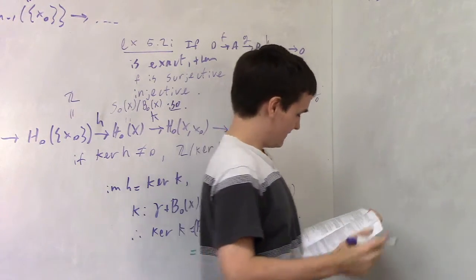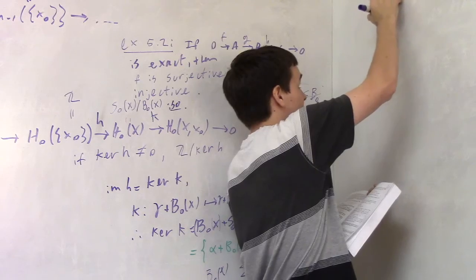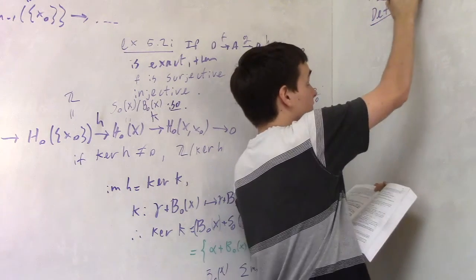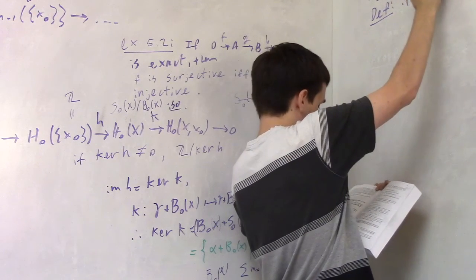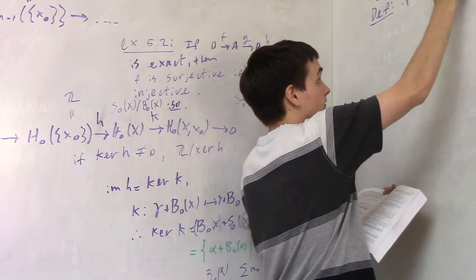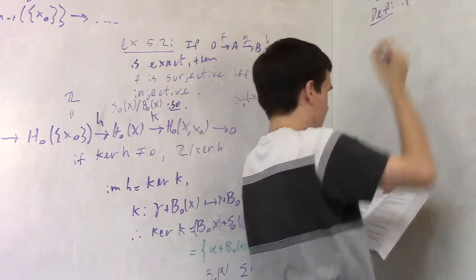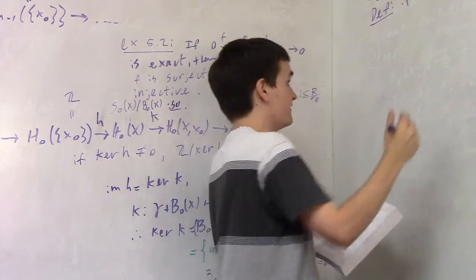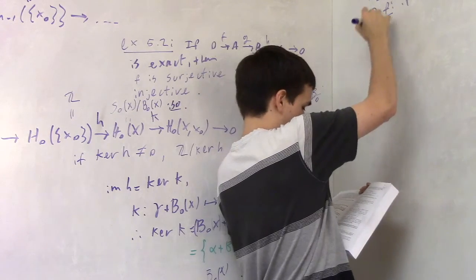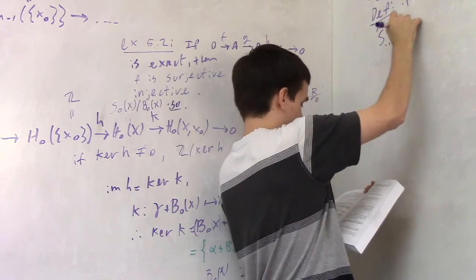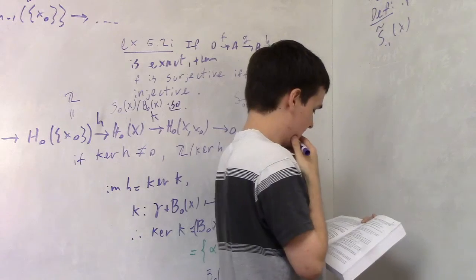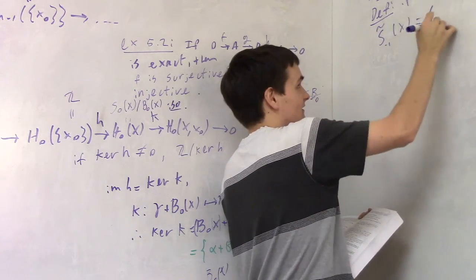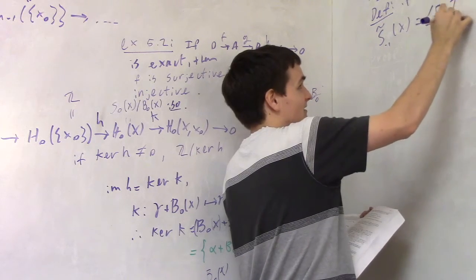So, definition. If S star X, boundary is a singular complex of some space, we define S tilde negative 1 X to be the infinite cyclic group with the generator the symbol bracket, space, bracket.